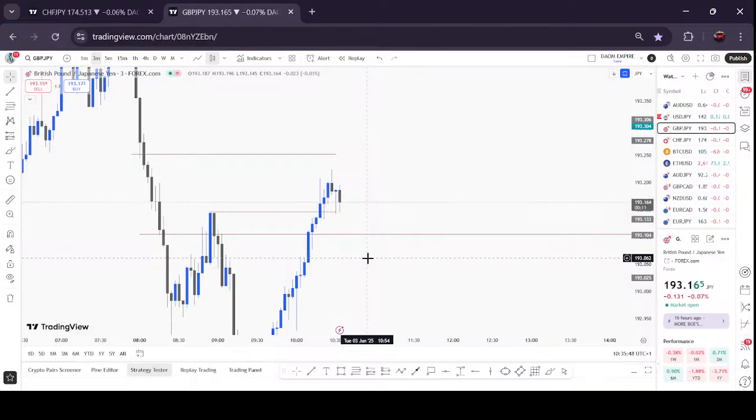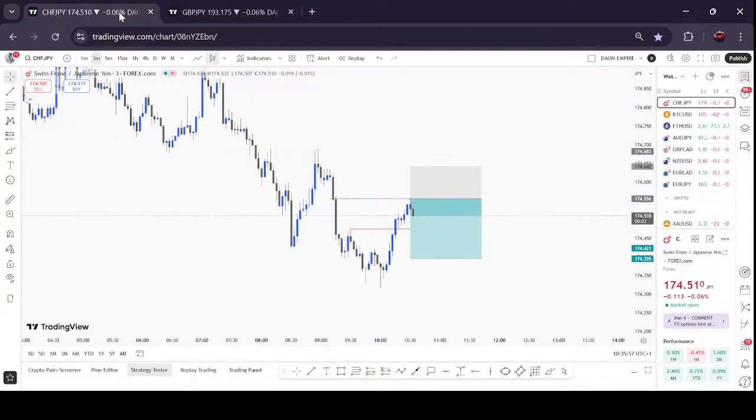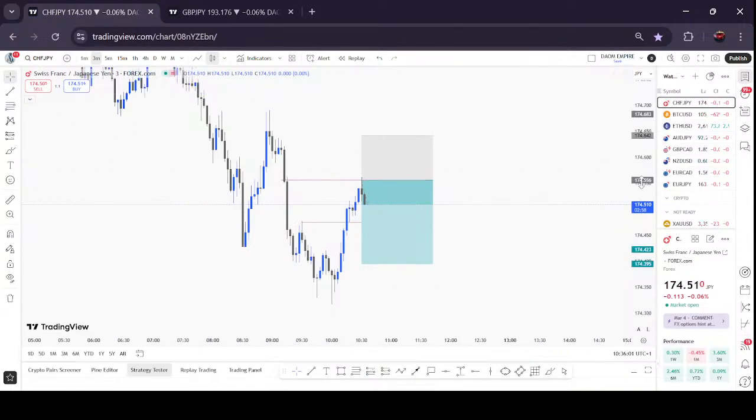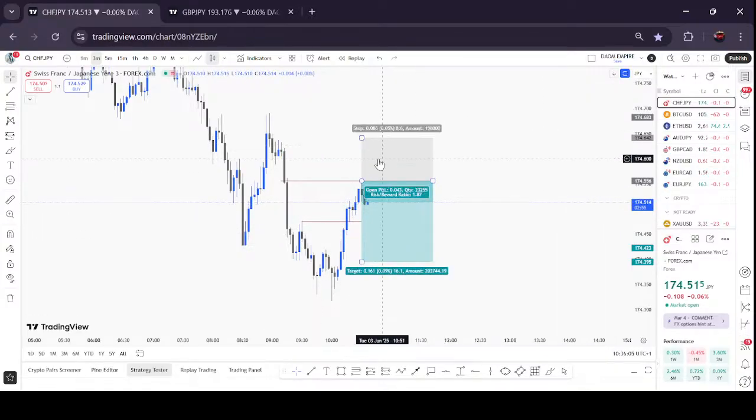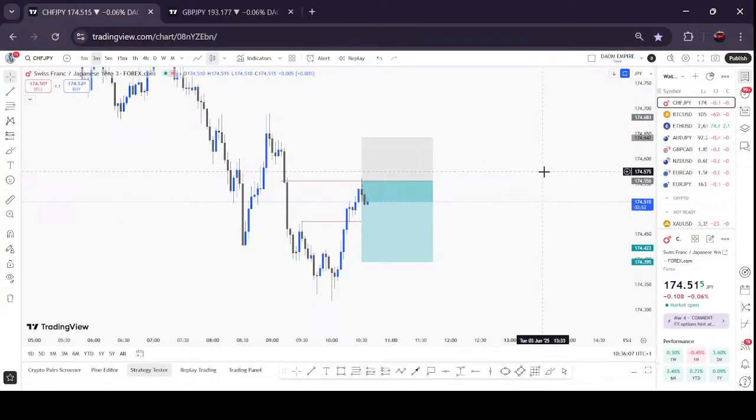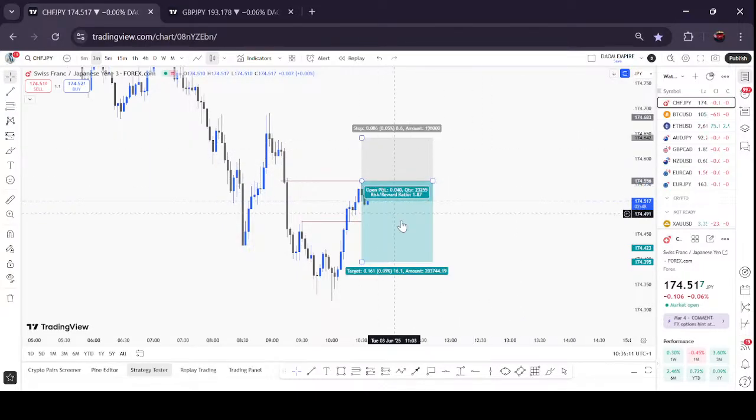I'm not going to be interested right now. You can see it's rejecting. I'm not ready to engage, but already in this CHF running at the moment.